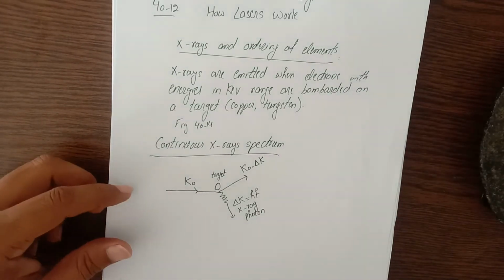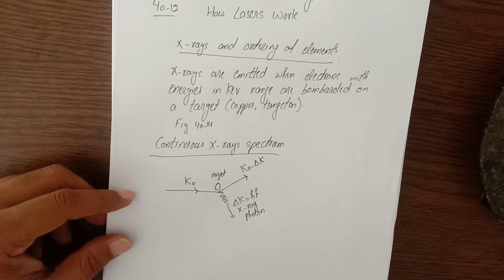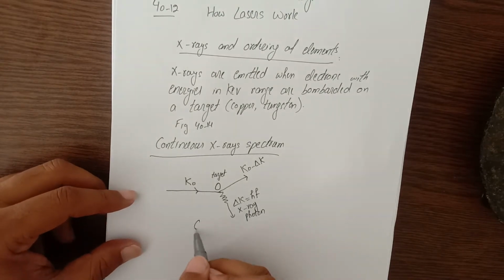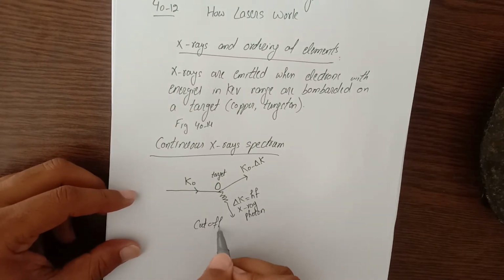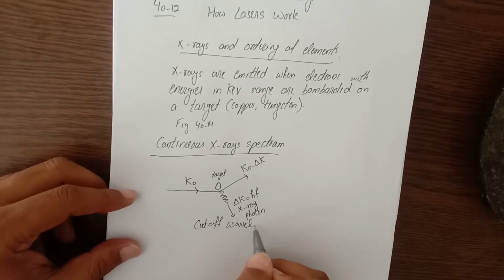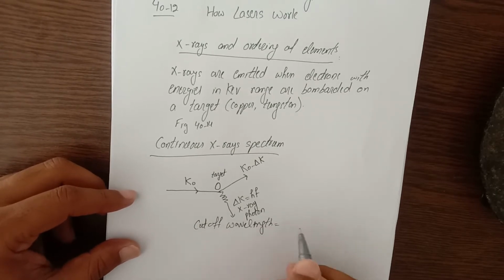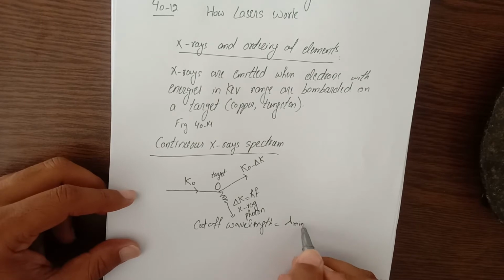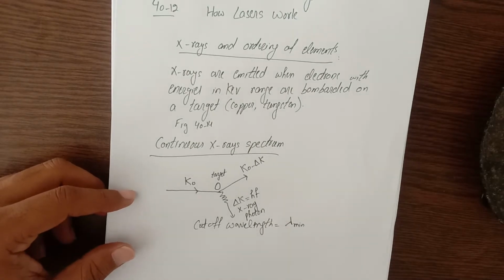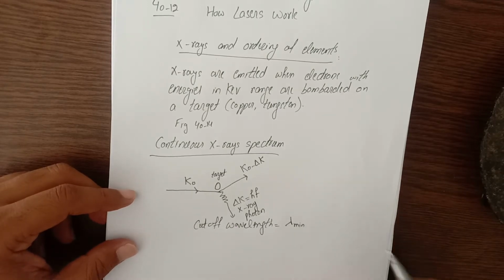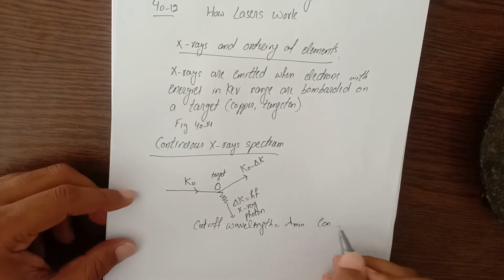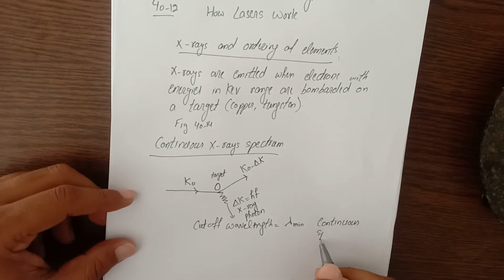There is a cutoff wavelength, which is known as lambda minimum, and below this lambda minimum the continuous spectrum does not exist.